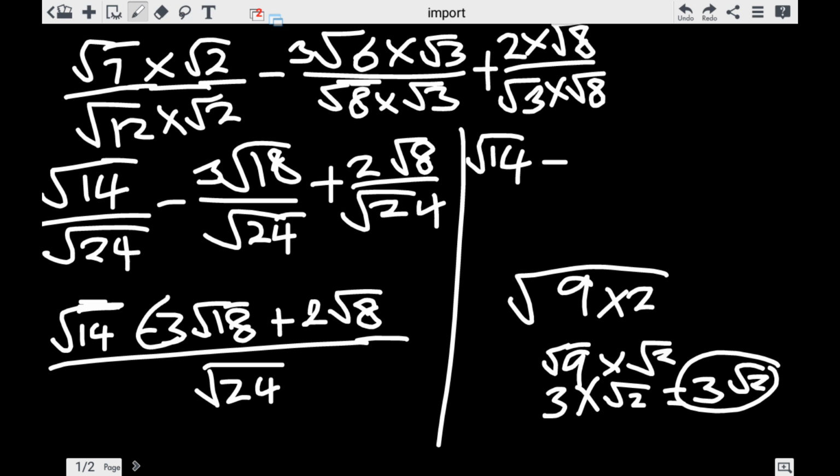So this is root 3, 3 minus 3 times, because they are multiplied together just as I did it in the previous example, times 3 root 2. So that's it.